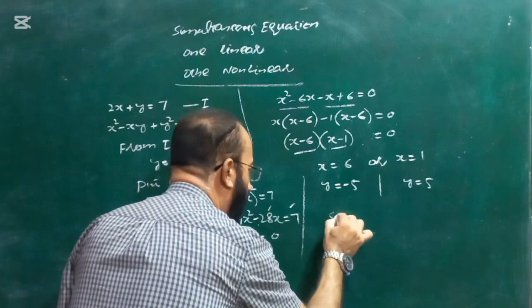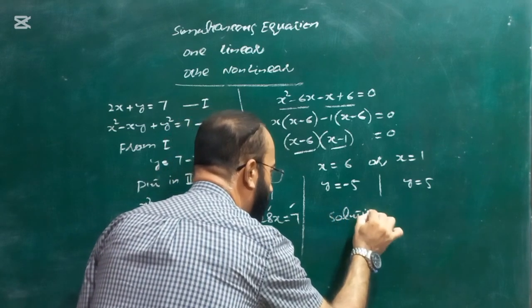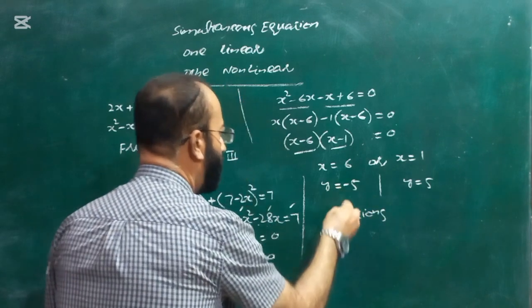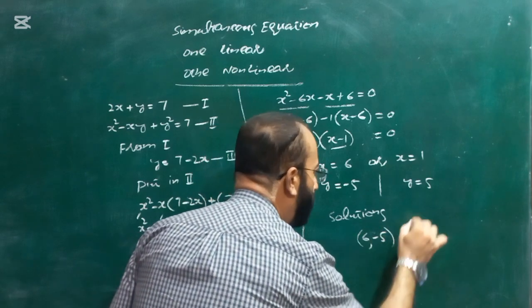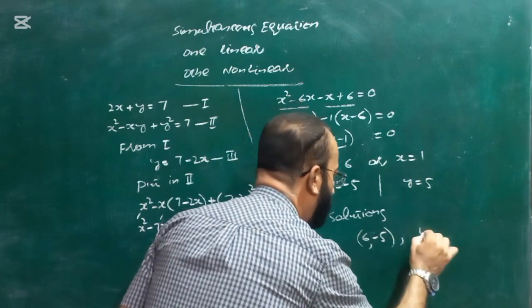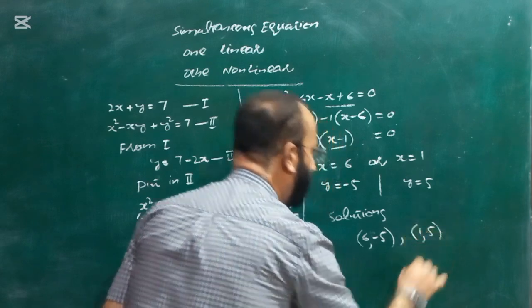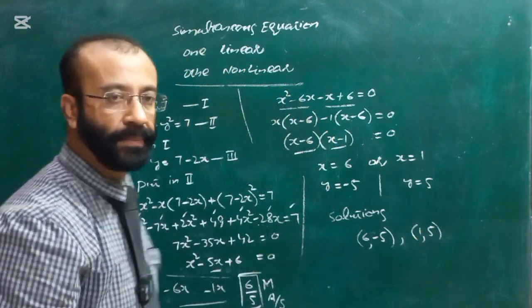So the solutions are (6, -5) and (1, 5). So these are the solutions of the equation.